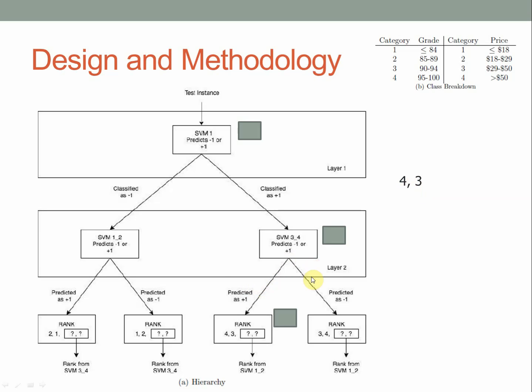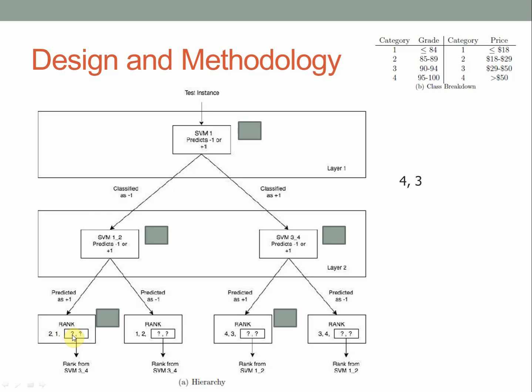On the other side, even though the first SVM predicted this y as 90 plus, we can still feed this data into our third SVM and make a prediction, saying that this y is predicted as rank number 2, between 85 and 89.